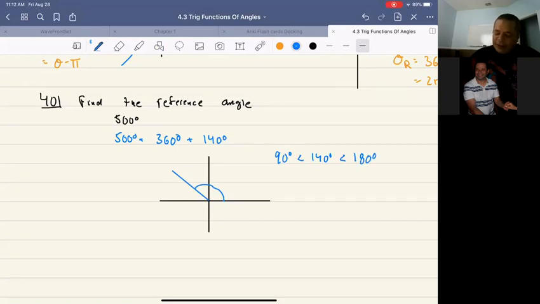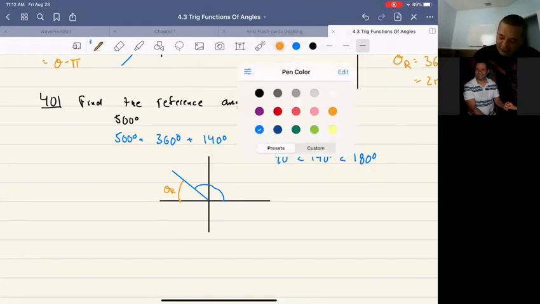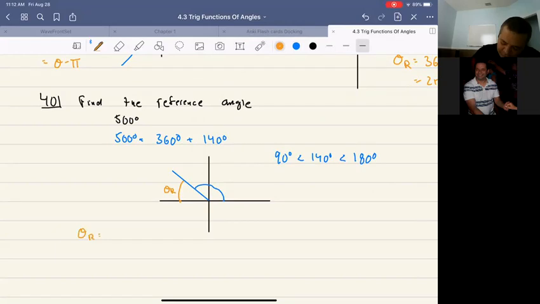So that means you have to find this angle. Our theta r here is just going to be 180 degrees minus 140 degrees. That's 40 degrees.